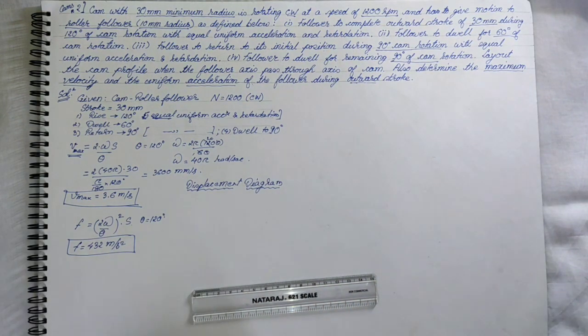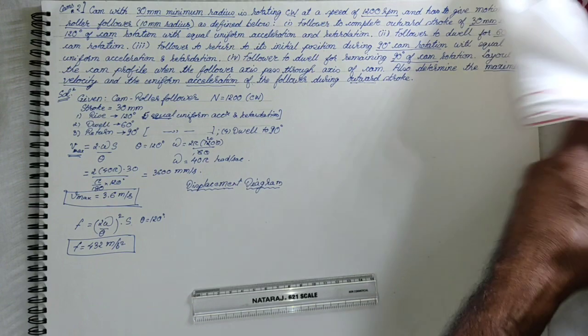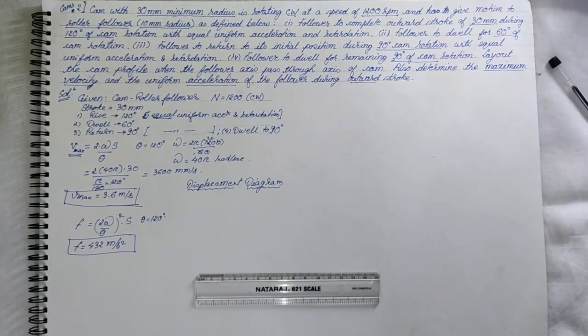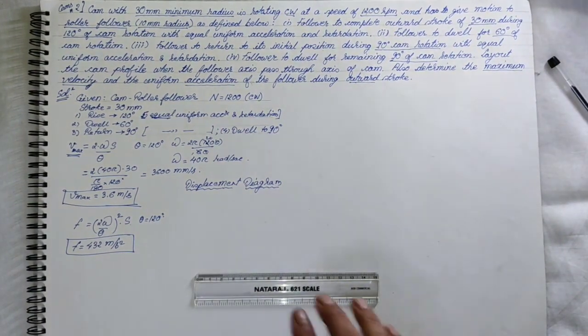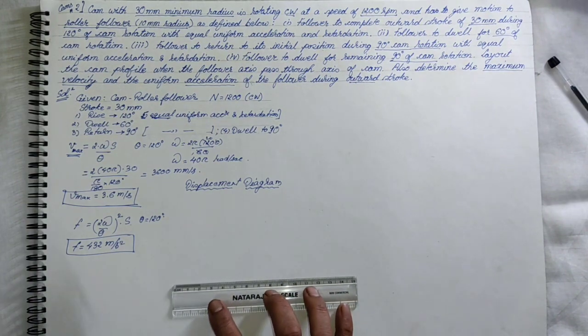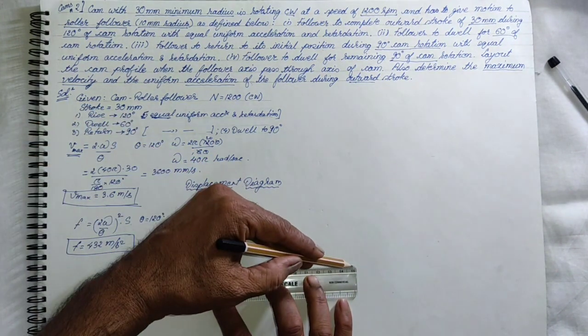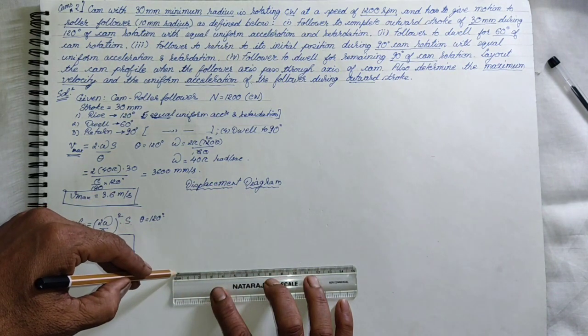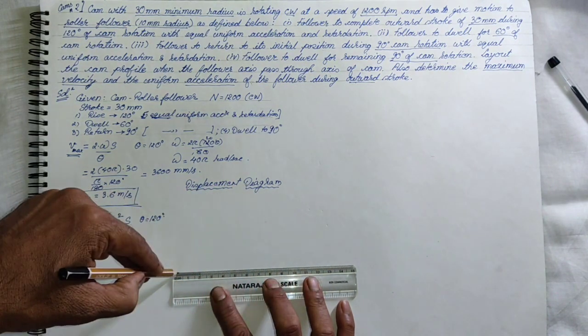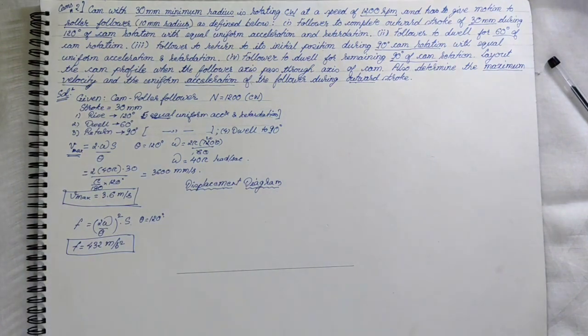So first we draw this horizontal line, which will be representing the cam rotation, right?